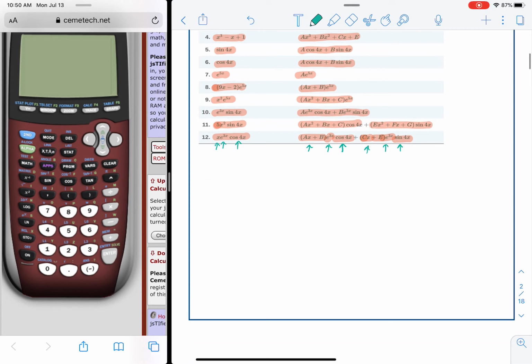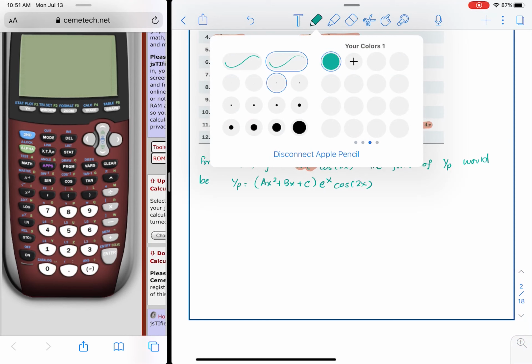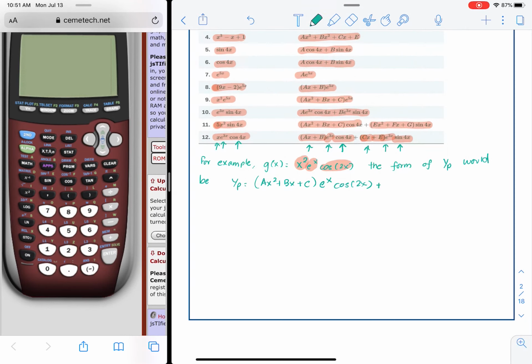And using the same idea, for example, if g of x is equal to x squared e raised x cosine 2x, then the form of yp would be yp equals ax squared plus bx plus c, corresponding to the x squared part, e raised x, corresponding to the e raised x part, cosine 2x, corresponding to the cosine 2x part, but I need to have sine 2x also anytime I see cosine 2x or sine 2x.